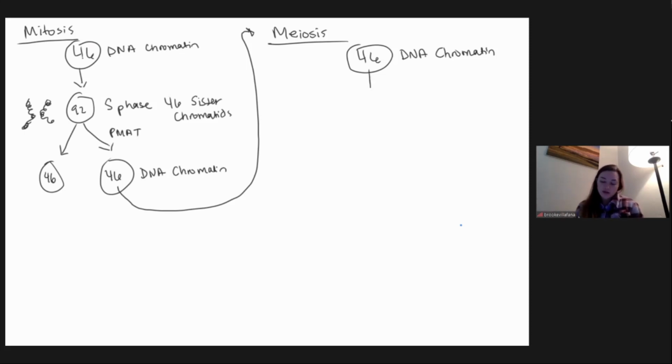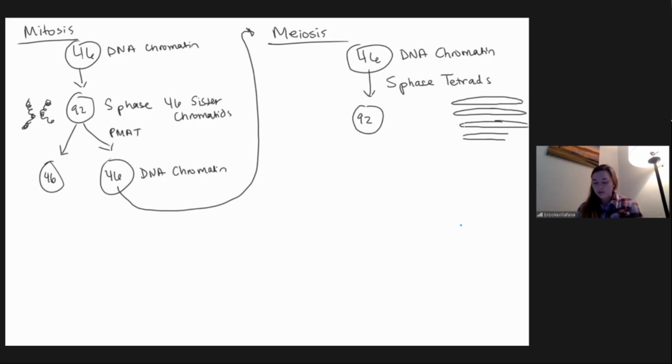So we have the DNA chromatin, and it goes through its S phase and it forms tetrads. So these are called tetrads, and that's 92. Just like over here when we went through S phase and we formed sister chromatids, now we're going to form tetrads. Tetrads come in a group of 4. So tetrad, if you speak Spanish, it sounds kind of like 4, right?